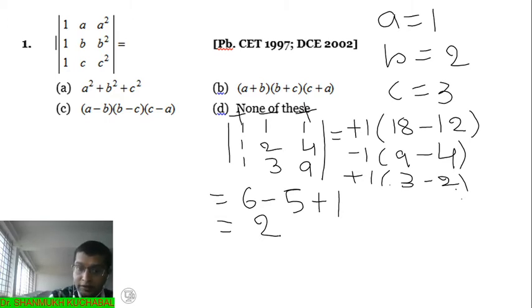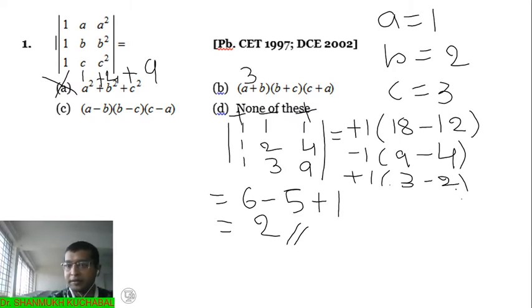We should get once again 2 as an answer. 1 square 1, here 2 square 4 and 3 square 9 it is. This is not equal to 2, so wrong answer. Once again, a plus b, it is 3, b plus c, it is 5, and c plus a, it is 4 here.